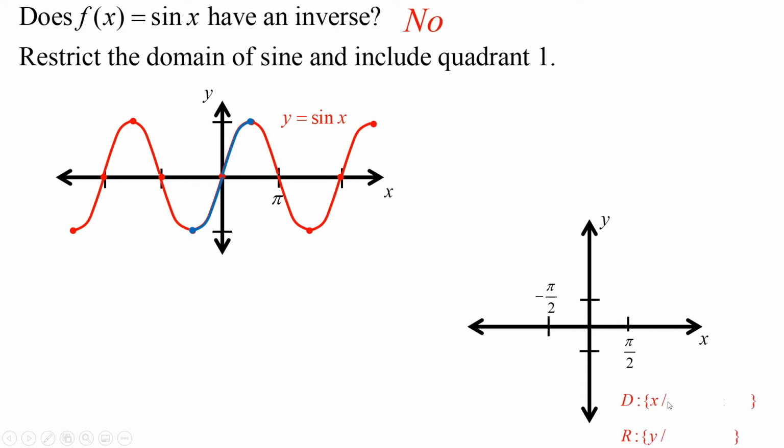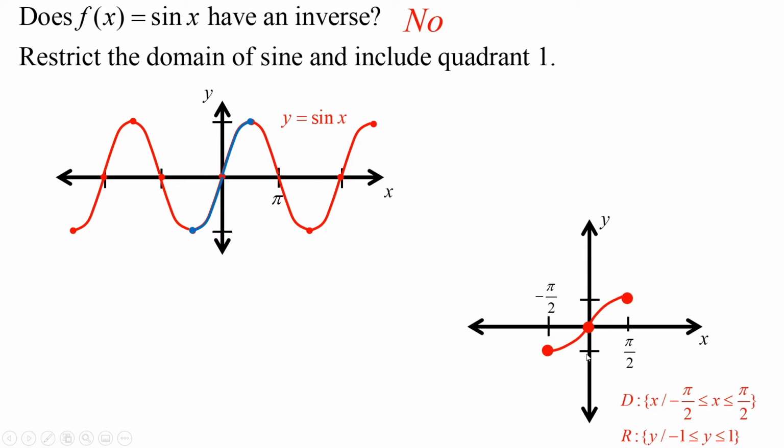And the domain is going to be negative pi over 2 is less than or equal to x, and x is less than or equal to positive pi over 2. And what's the range? Well, we're still going from -1 to 1 inclusive. So the range is y such that -1 is less than or equal to y, and y is less than or equal to 1. All right?